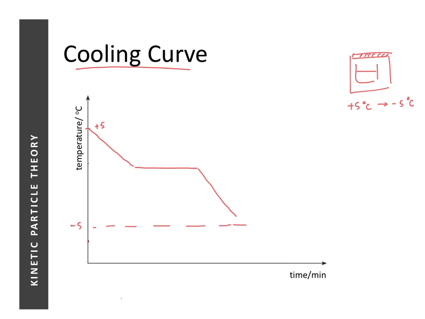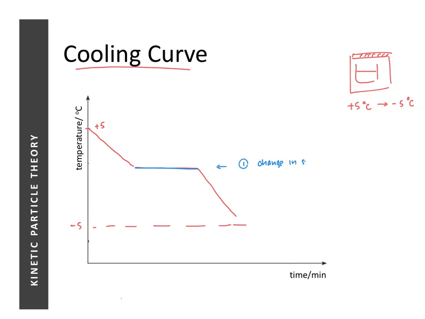Now the same 3 points that apply to a heating curve would apply to a cooling curve. What are the 3 points? First, the part where temperature remains constant. If temperature of a substance remains constant when we are cooling it down, it means that a state change is happening.